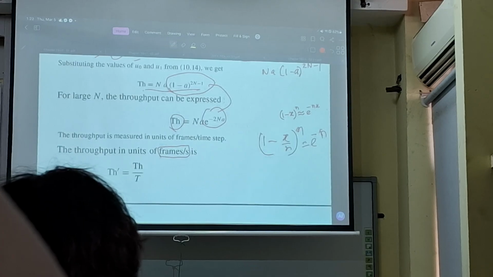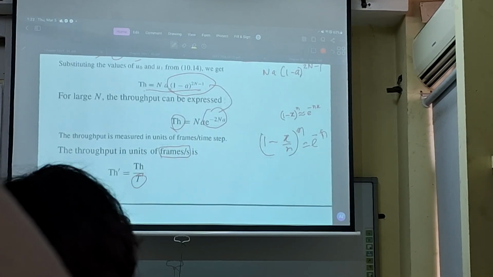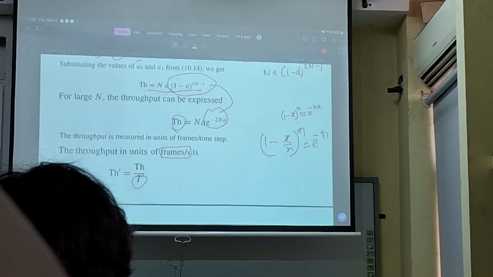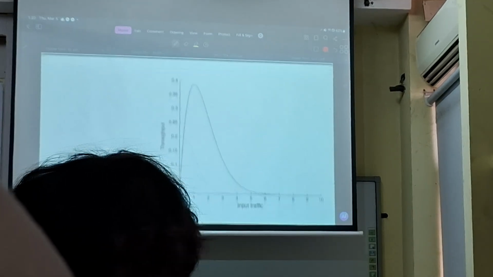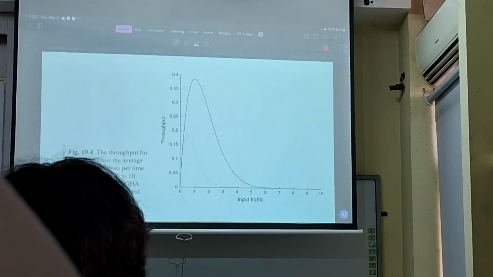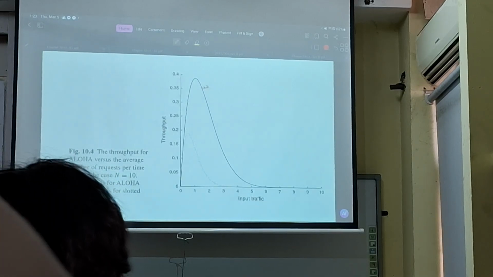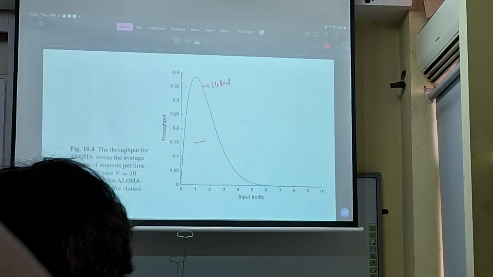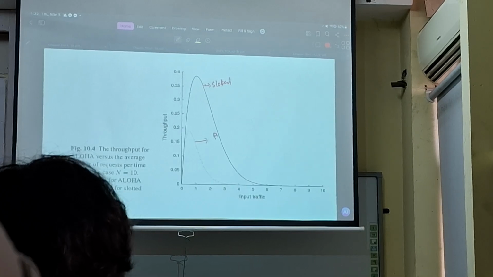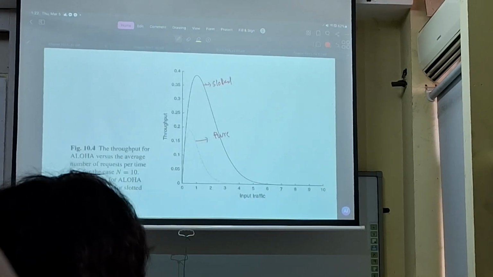And if we divide the throughput by the frame time, then we actually get the throughput in terms of frames per second. And for slotted Aloha, this one, and this one is for pure Aloha, is the throughput.